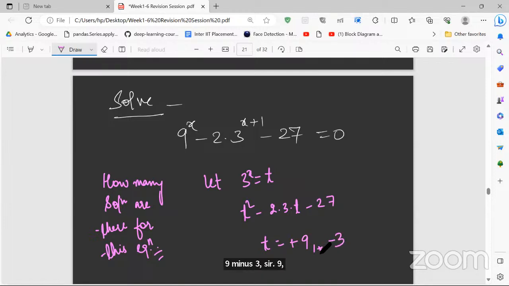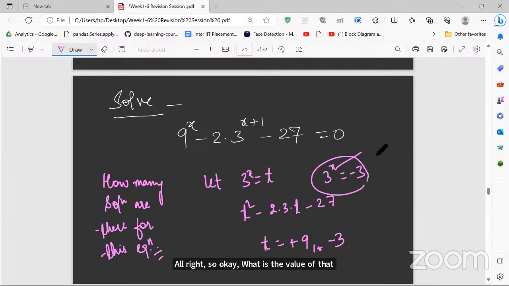Minus 3. Can you get 3 to the power x equals minus 3 in any case? No, right? So how can this be a solution? What is the value of x where this equals minus 3? Is there any way you can get this? No, so this is not a solution.